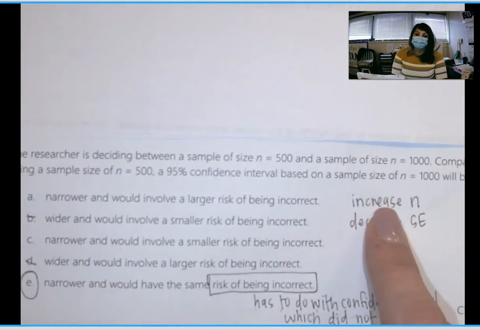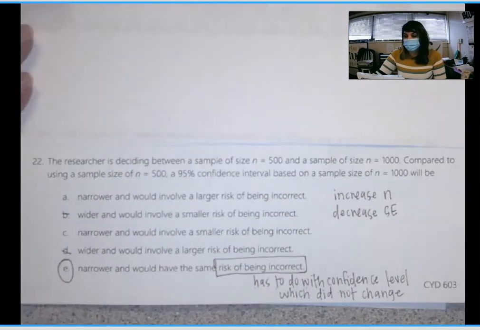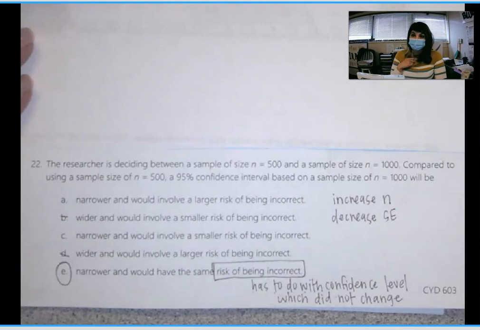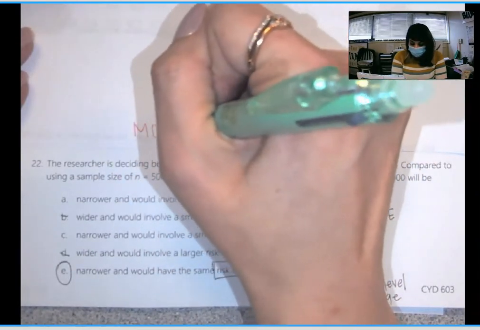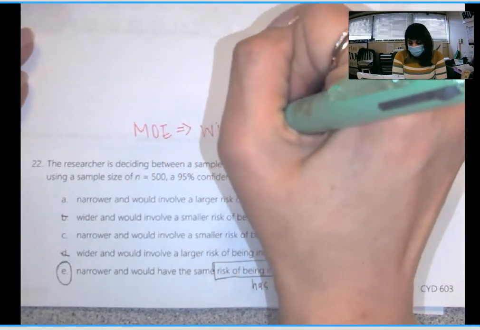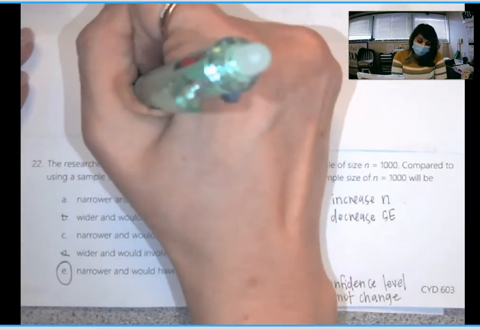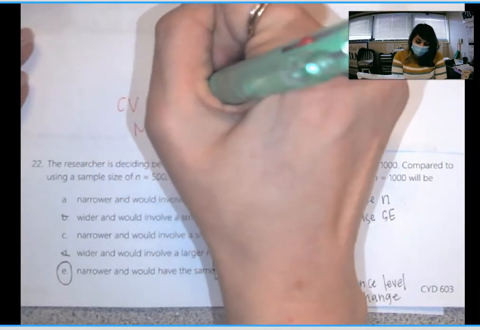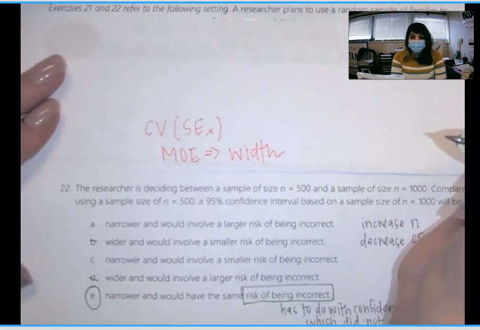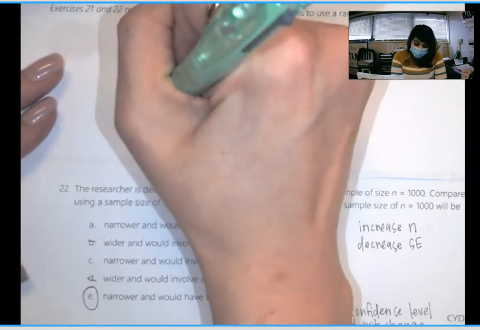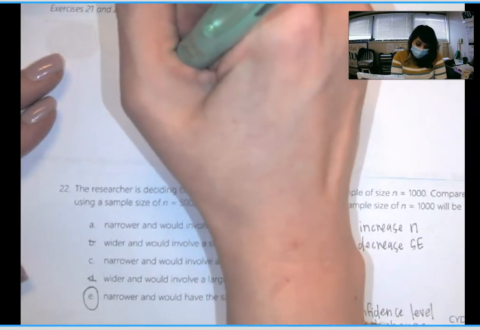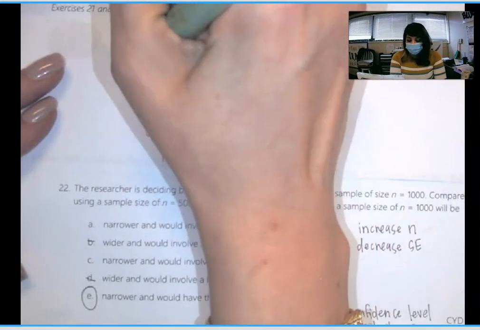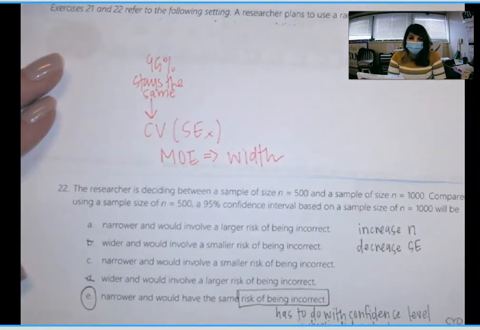So what I have here is what I know sample size does to the margin of error, because it's your margin of error that determines width. But remember, margin of error is your critical value multiplied by your standard error. This critical value stays the same because they're saying you're doing a 95% confidence interval either way.